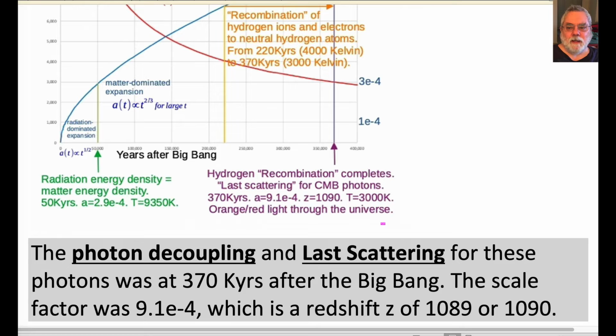At the time of last scattering, the energy density of photons was slightly more than the energy density of ordinary baryonic matter, but less than the energy density of dark matter. The hydrogen density at that time was less than the best vacuum ever achieved on Earth.